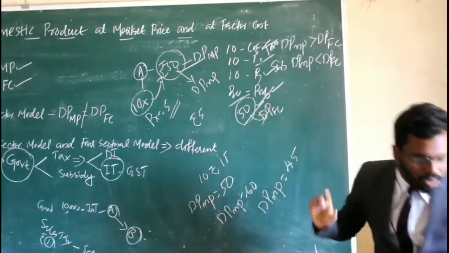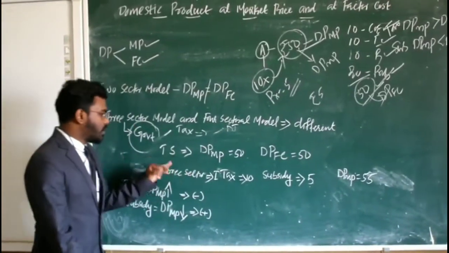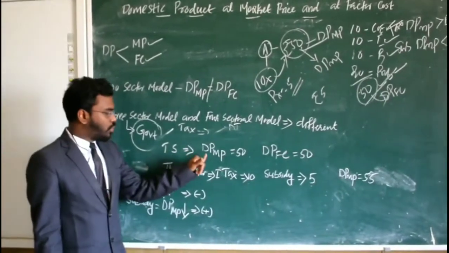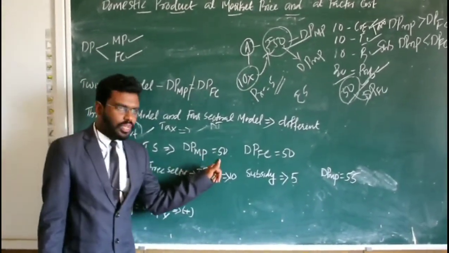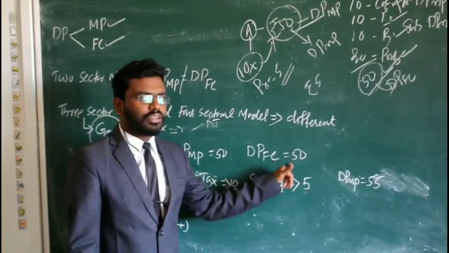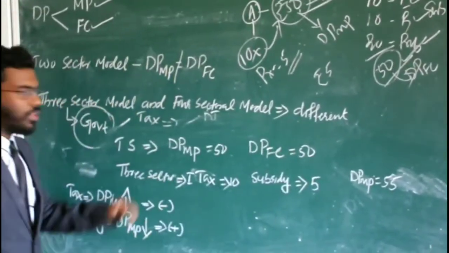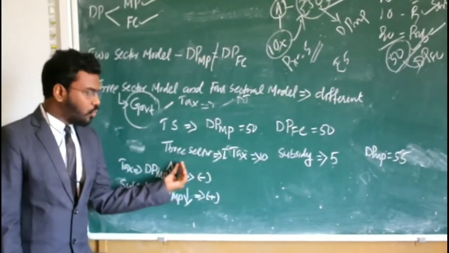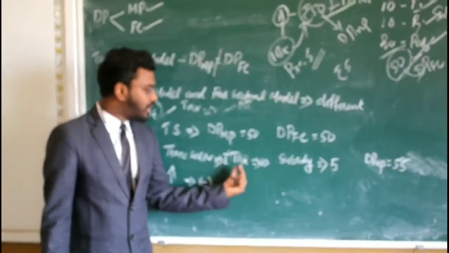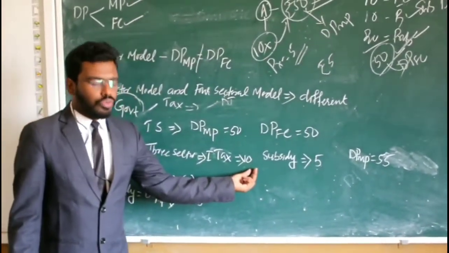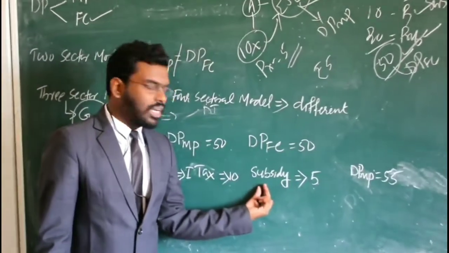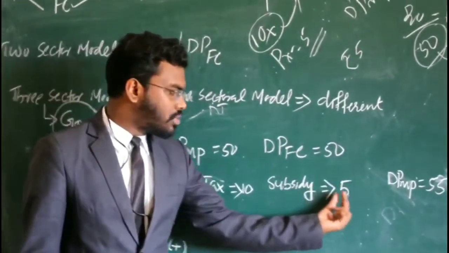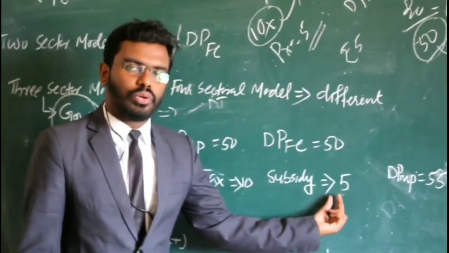Okay, now we need to equalize domestic product at market price with domestic product at factor cost. With an example we can. So listen here. In the 2-sector model, domestic product at market price was rupees 50 and domestic product at factor cost was rupees 50. Both are equal, no doubt. And in the 3-sector model, government is introduced. As a result, the government imposed indirect tax of rupees 10 on the producer, and provides a subsidy of rupees 5 to the producer.